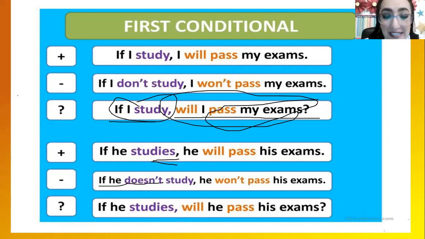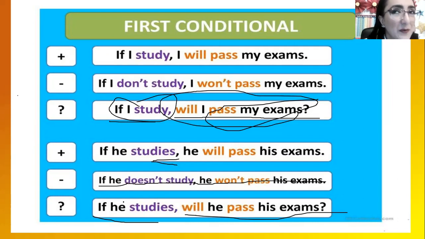If he doesn't study, he won't pass his exams. If he studies, will he pass his exams? Remember, we cannot stay only with names. Sorry, with subject, with personal pronoun. We can use names, we can use animals, we can use different situations.